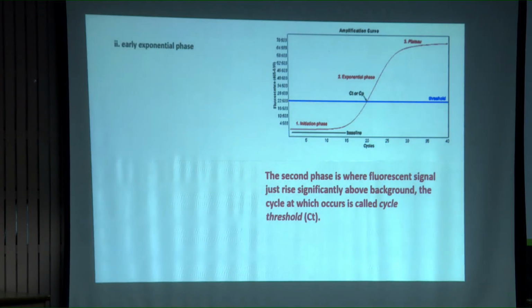Now, early exponential phase, somewhere here. This is early exponential phase. Right? The culmination of early exponential phase. So early exponential phase is a phase at which the machine started seeing the signal. This is the most popular in real-time PCR.